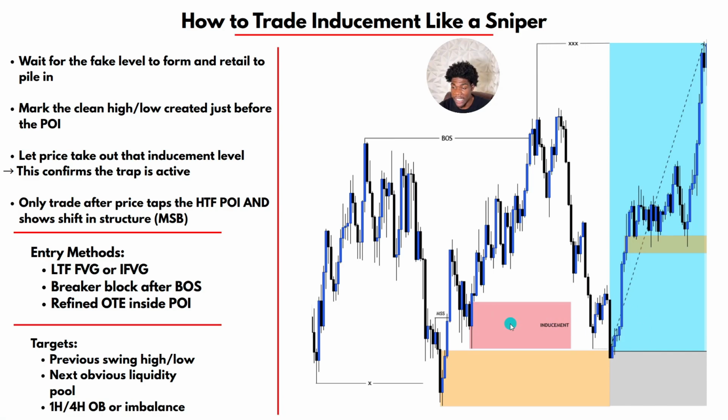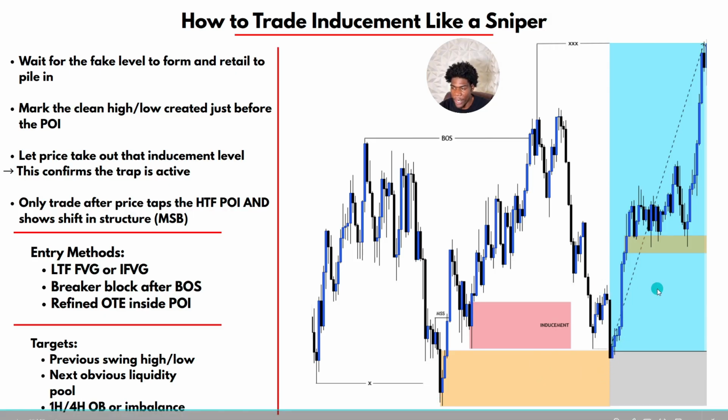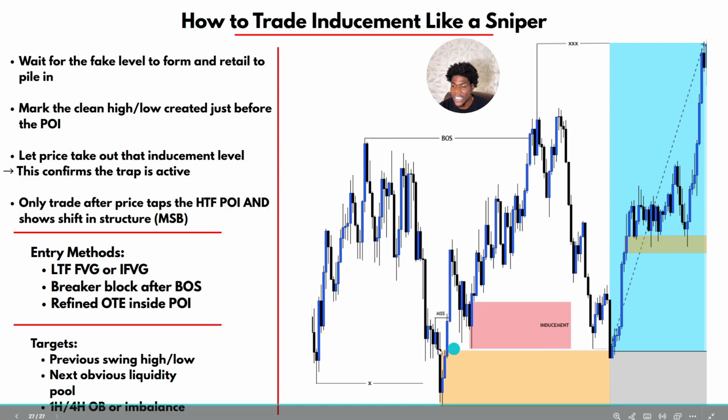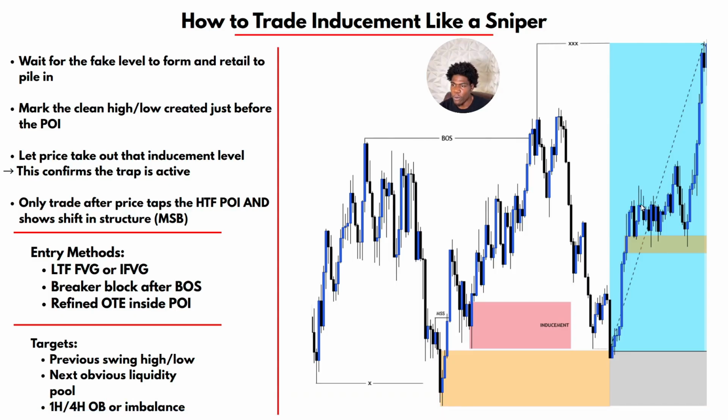Price tapped inside of my higher time frame zone, and then on the lower time frame, I will get either a breaker, or I'm just going to market execute it, or you can just take it at this higher time frame level, either if you're a swing trader or a day trader, I would say. But me, I'm more of a scalper, so I will scale down to the lower time frame to find me a range, a zone inside of this right here, because now I know the trade is confirmed.